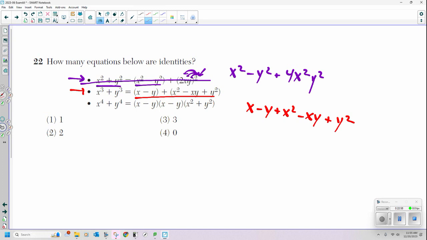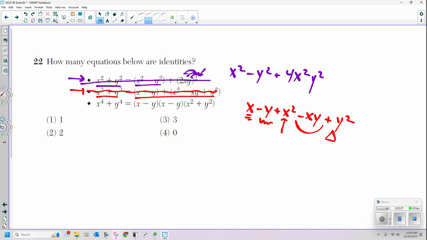Do I have any other x's? No. Any other y's? No. Any other x squareds by themselves? No. Any term that has an xy in it? No. Any term that's a y squared? No, that's it. That is definitely not equal to x cubed minus y cubed. Bye-bye. No.